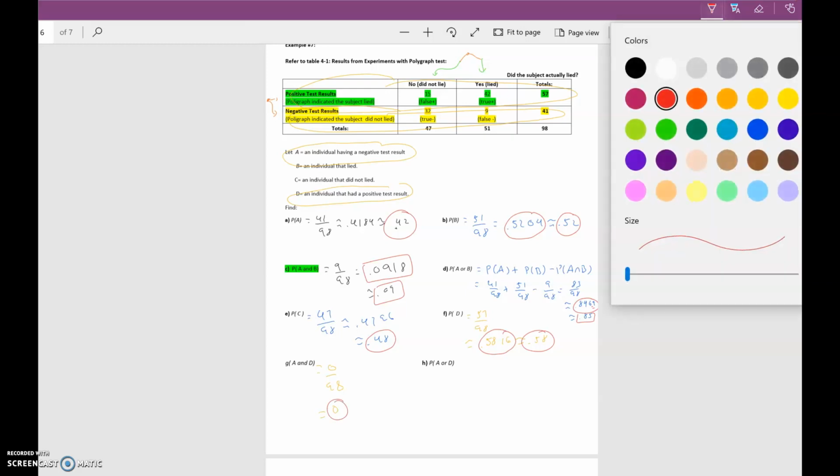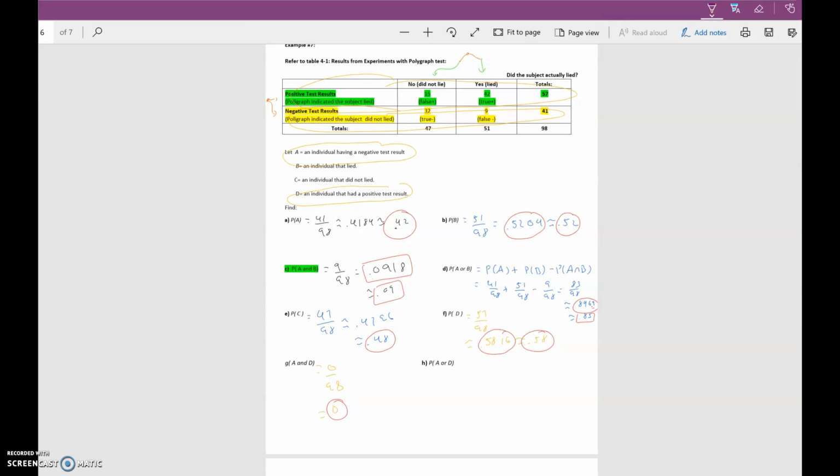The union of those two, let me use a different color. A is negative test results, so 41 out of 98, plus D is positive test results, 57 out of 98. Wait, let me actually put the formula first, since technically that one requires a formula.